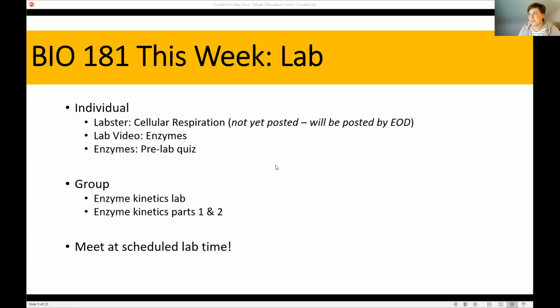Mastering cellular respiration, mastering cell communication will really set you up for success for classes after Bio 181. So although all learning objectives are important in this class, there are certain ones that will really be good foundation material for moving forward through your majors. Cell respiration, cell communication, those are two major ones. So we just wanted to make sure you had a lot of support.